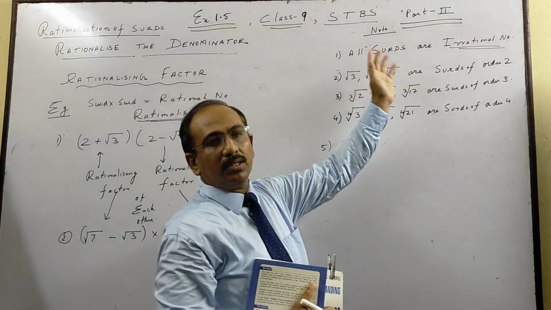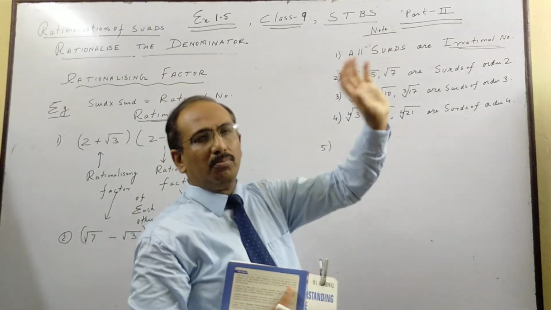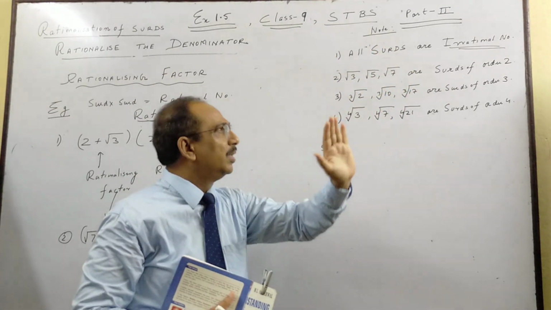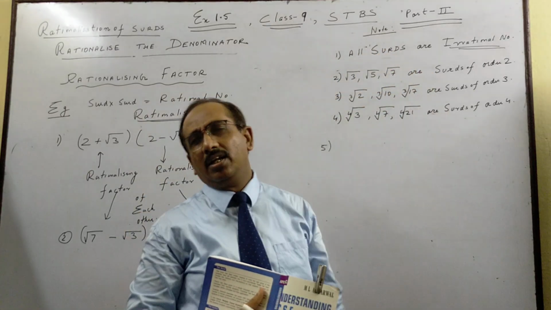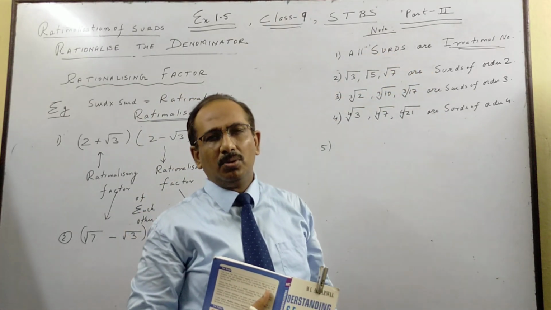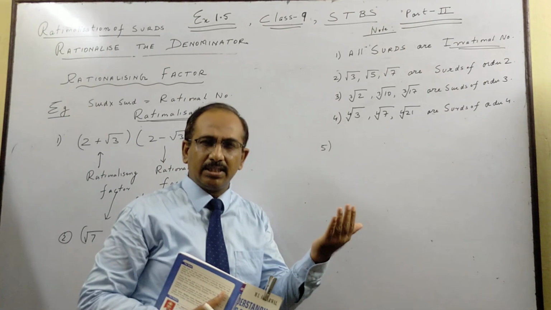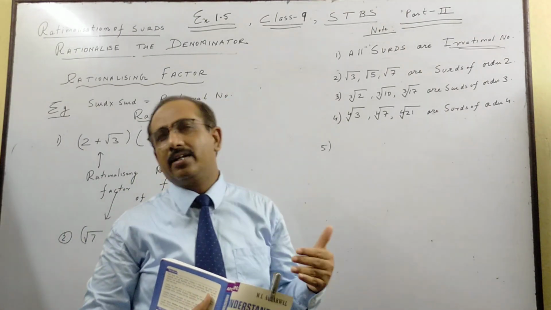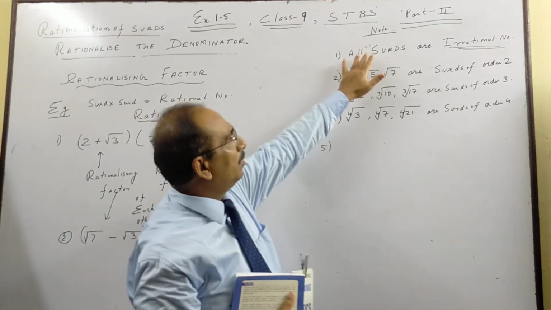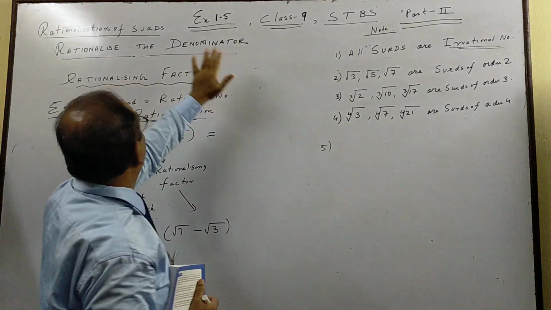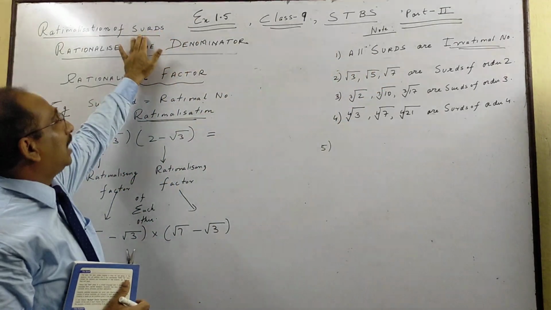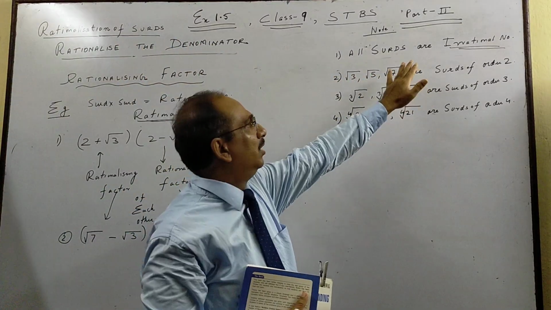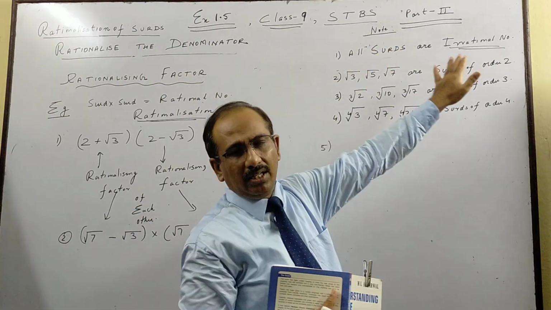First, there are things called surds and irrational numbers. They are a little different in concept, but all surds are irrational numbers. You have passed from class 8, so I am not going into all the difficult parts of this chapter, which will take time for you to understand. So remember, all surds are irrational.